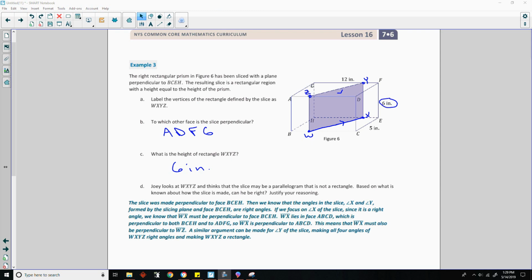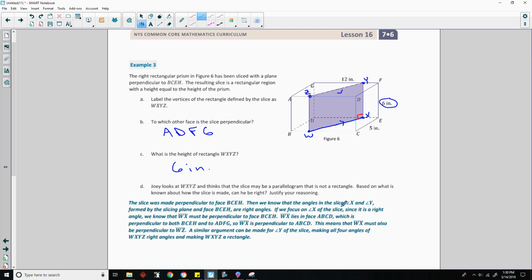Then we know that the angles in the slice, angle X, angle Y, formed by the slicing plane and the face BCEH are right angles. If we focus on angle X, okay, so let's look at that. Angle X, this is a right angle.